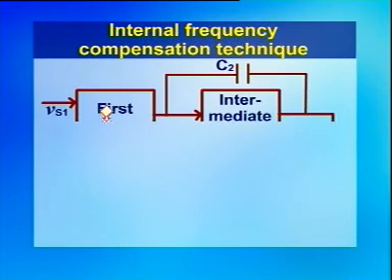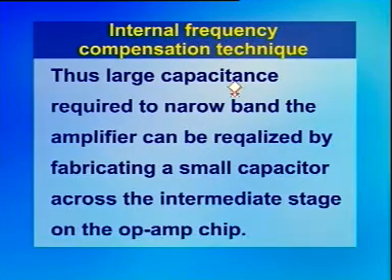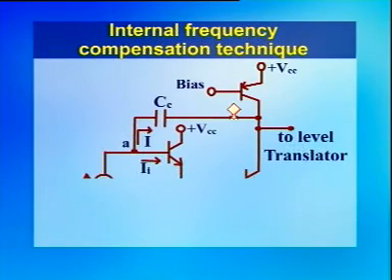A feedback capacitance C2 is added around the intermediate stage of the op amp to increase the gain of the intermediate stage due to the Miller effect. Thus, the large capacitance required to narrow band the amplifier can be realized by fabricating a small capacitor across the intermediate stage of the op amp as shown in figure.